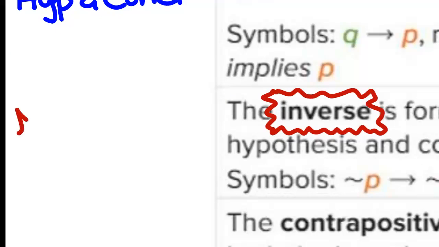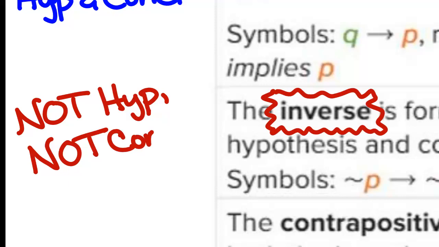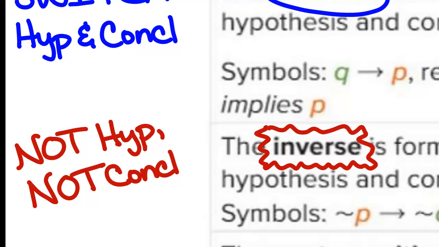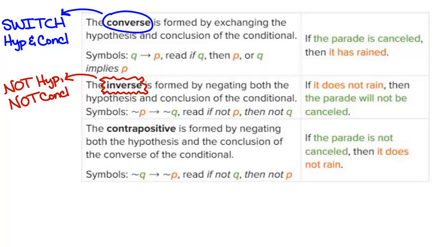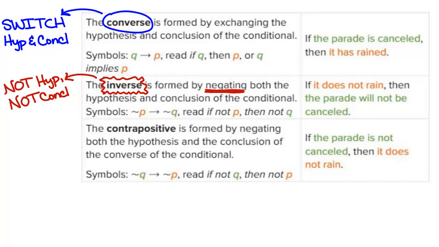The inverse is not whatever my hypothesis is, and then not whatever my conclusion was from my original hypothesis and conclusion. So I'm going to take my original if-then, and I'm going to negate both parts. So if it does not rain, then the parade will not be canceled.